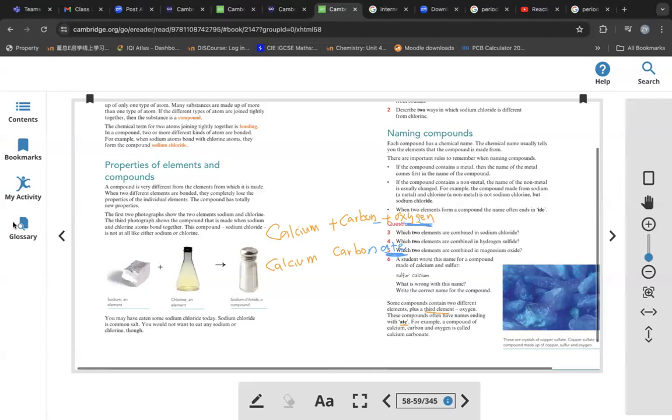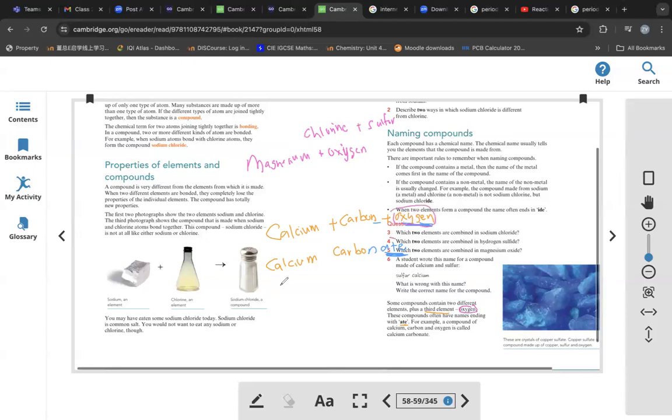For example, magnesium plus chlorine and sulfur. Cannot, because the third element is usually oxygen.